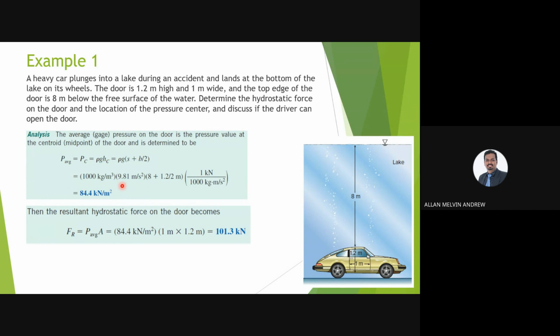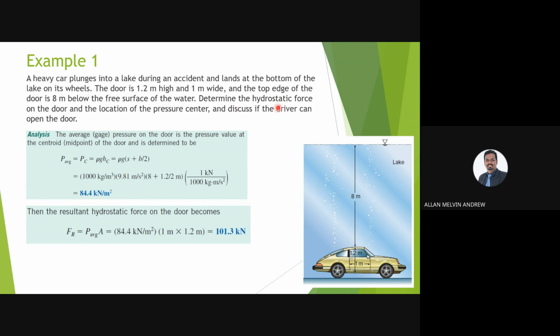Gravity is 9.81, and hc is 8 plus 1.2 divided by 2, with a unit conversion. After you solve, you get an average pressure of 84.4 kilonewtons per meter squared.